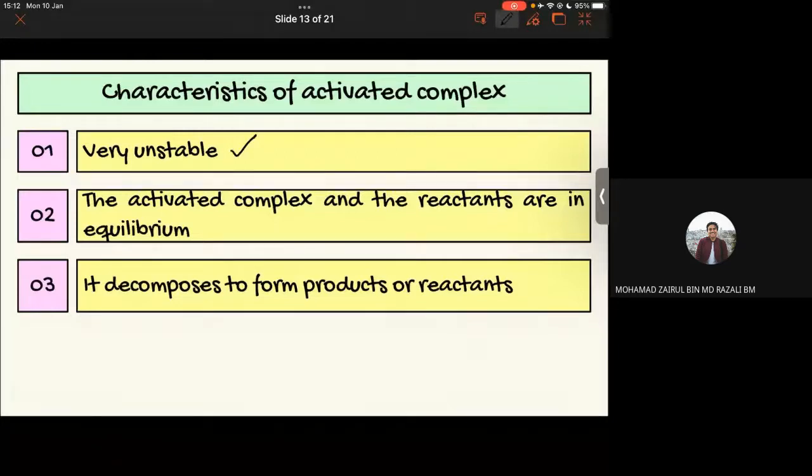Maknanya dia very unstable sebab kejap lagi kita akan lukis energy profile dan kita akan tengok transition state ni dia ada highest potential energy. So lagi tinggi energy dia lagi unstable. Okay, so the activated complex and the reactant are in equilibrium. Okay, decompose to form product or reactant lah depending on the reaction is either reversible ataupun irreversible.